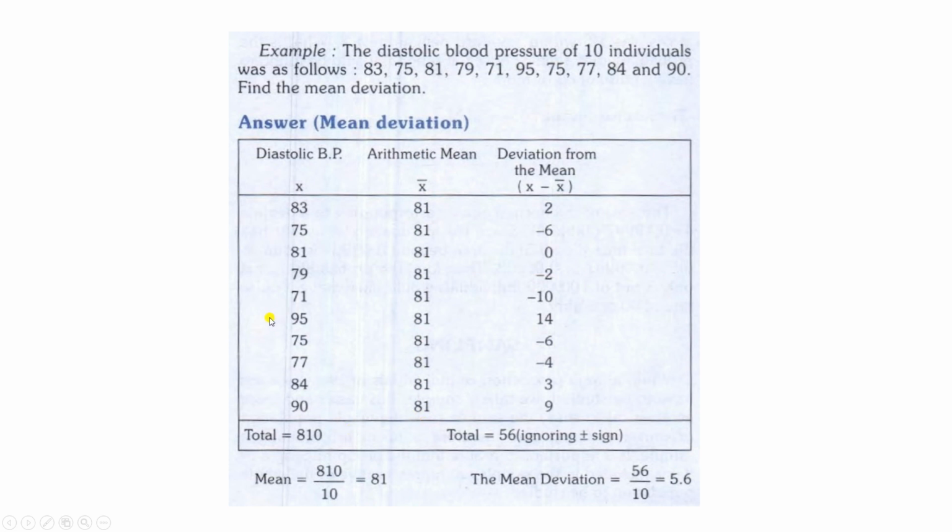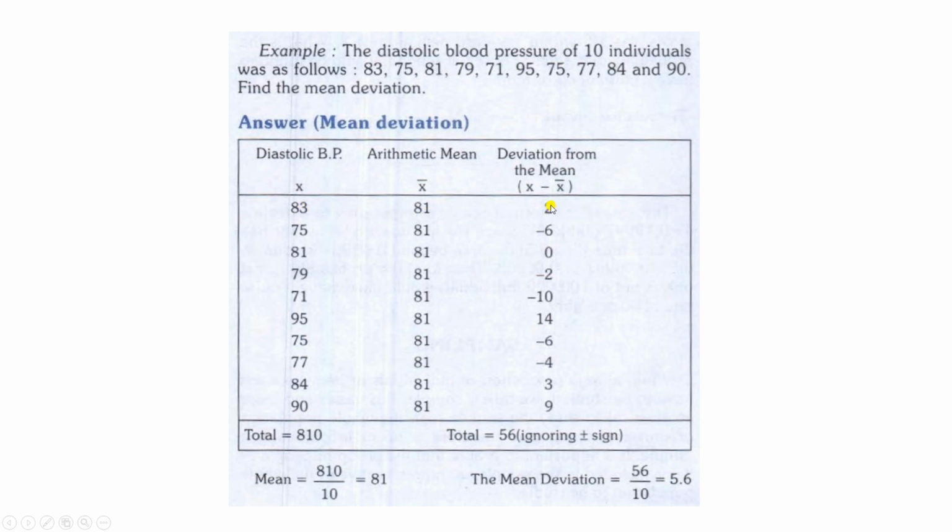Next, we find out the deviation, or how much this value is deviated from the mean, right? So the arithmetic mean is 81. The diastolic BP of this person is 83. So he is 2 units deviated on the positive side, because 83 is more than 81.